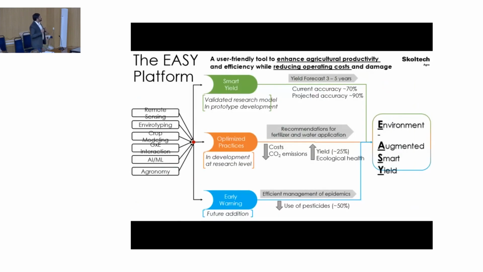So we are now in the process of expanding this by incorporating more parameters into the analysis. We are calling it easy, although it's not really easy to do this, but just an easy way to catch people's attention, called environment augmented smart yield.